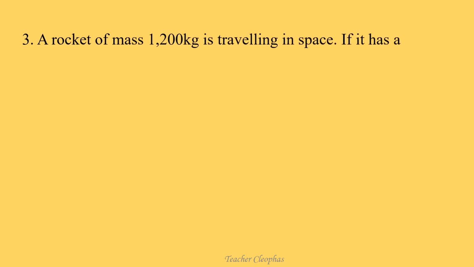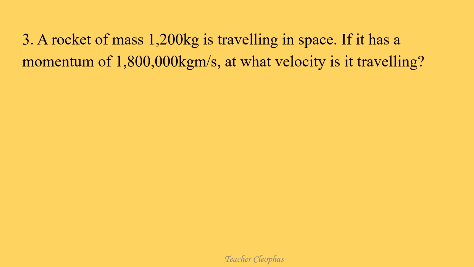Question 3. A rocket of mass 1,200 kilograms is traveling in space. If it has a momentum of 1,800,000 kilogram meters per second, at what velocity is it traveling? Solution. What we know is momentum equals mass times velocity. So we substitute for what we have, and that is momentum and mass.